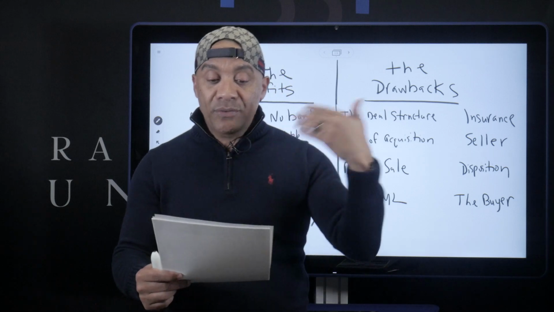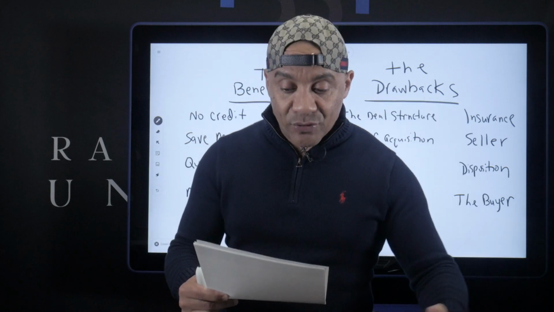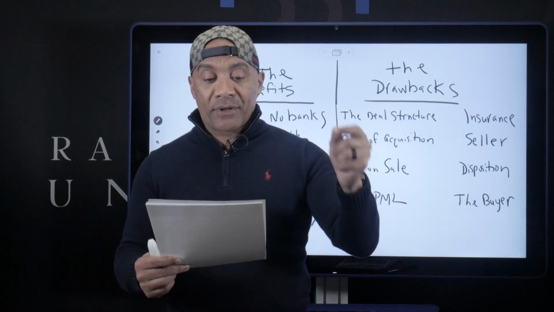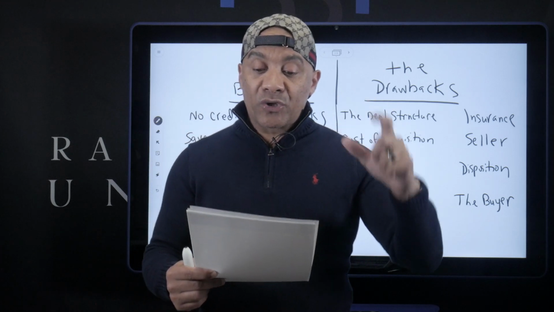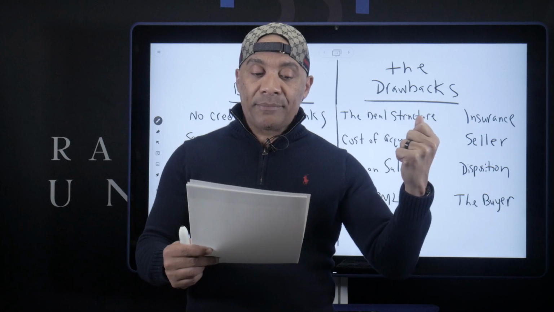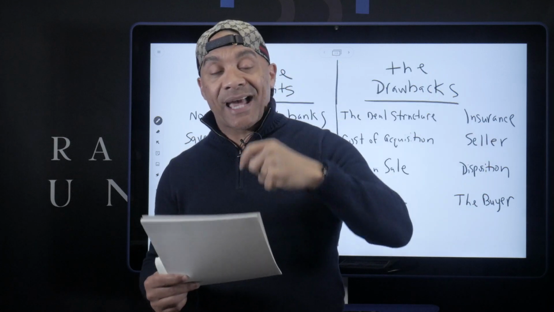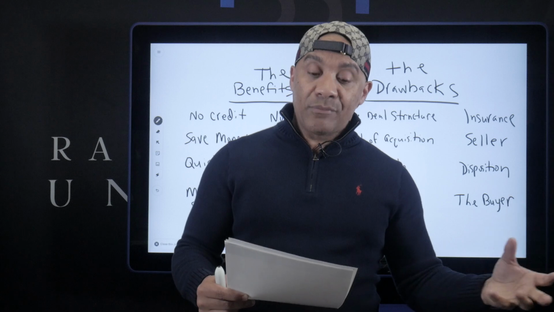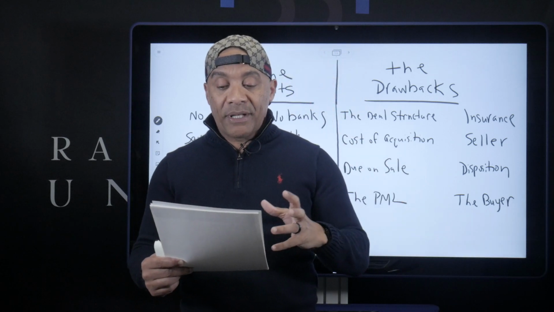So subject to is this private transaction where the homeowner agrees to sign over the deed of the ownership, but it's being signed over subject to the existing mortgage without the involvement of the bank.